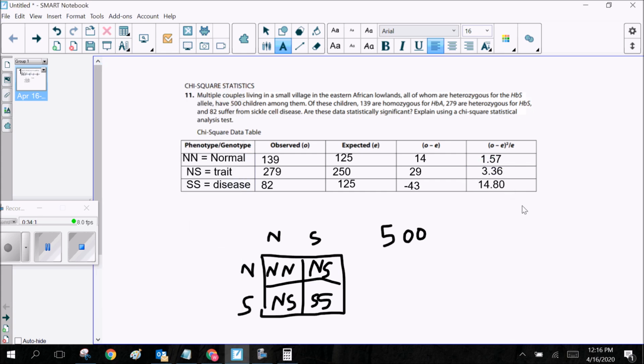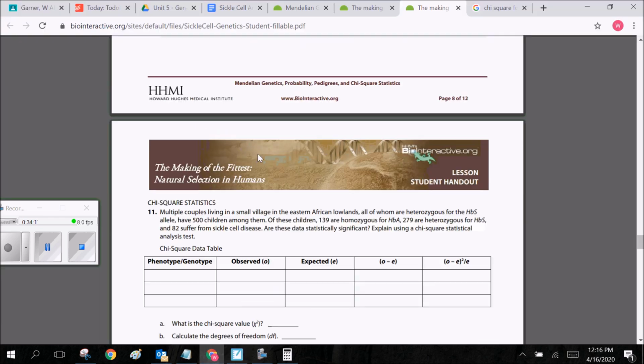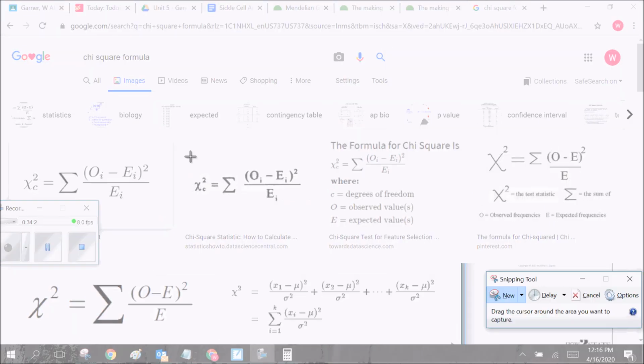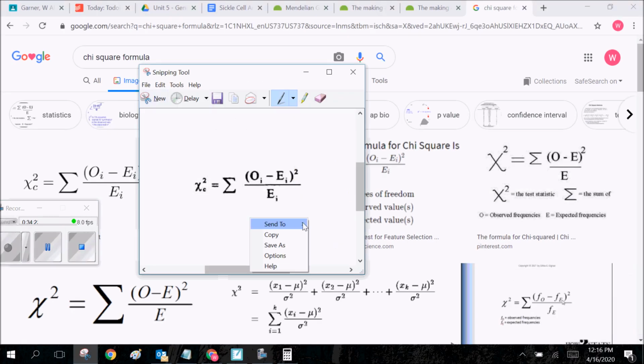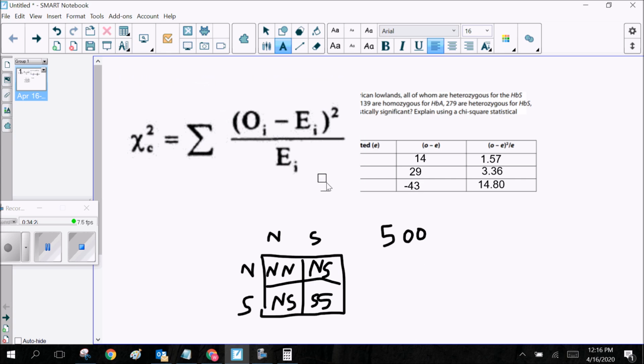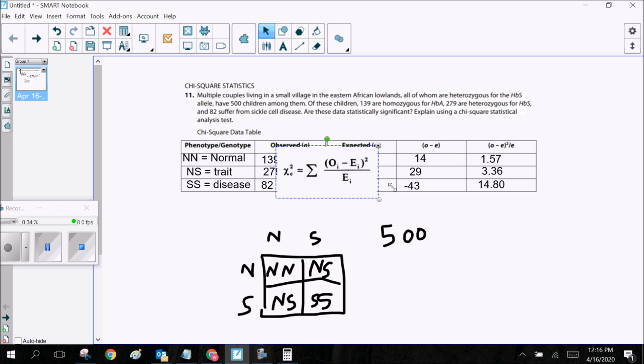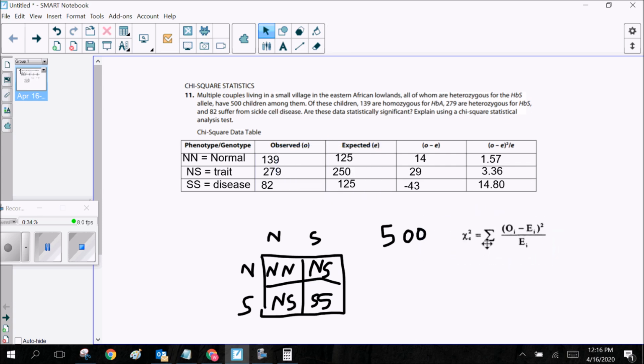Okay, so this gives me these values here, and if we look back at the chi-square formula, which I'll copy and paste in, it says that we need to perform an operation called sigma once we have all of these values. Sigma just literally means add all.